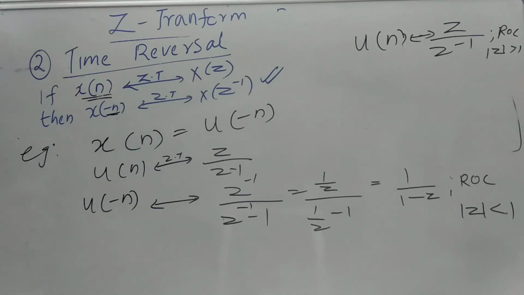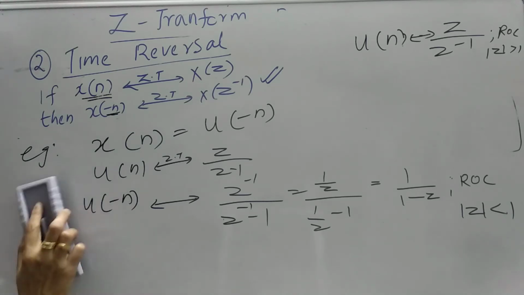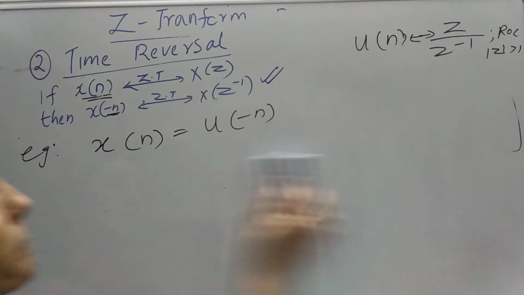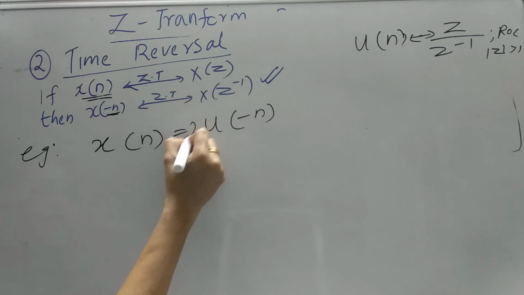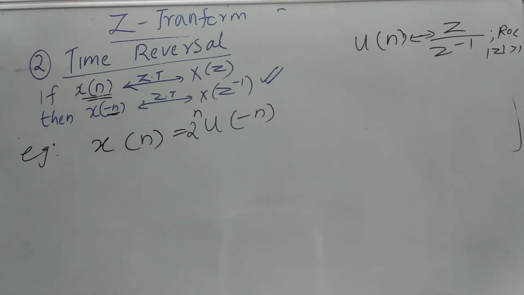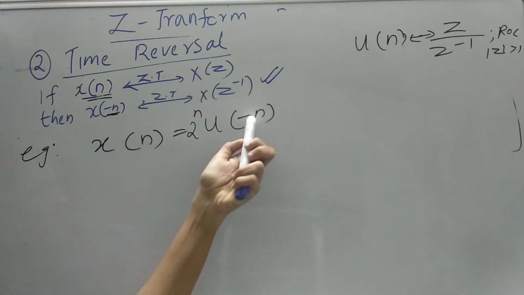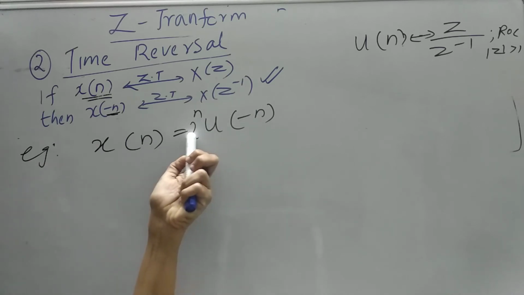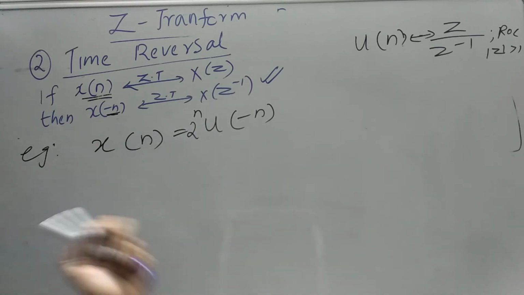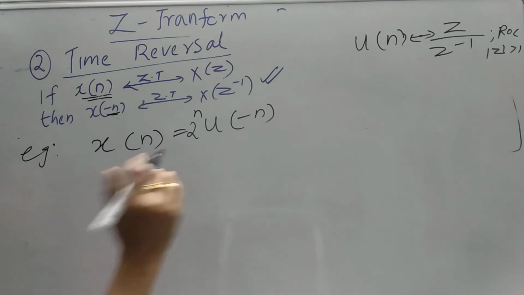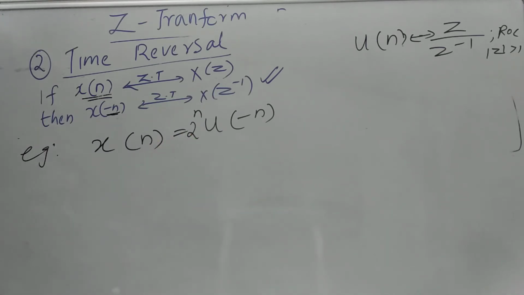Let us see one more example. Let x of n is equal to a raised to n u of minus n. Instead of a, I have taken an integer value, 2 raised to n u of minus n. How do we recognize which property of z transforms must be used?